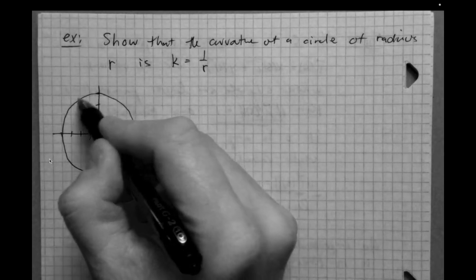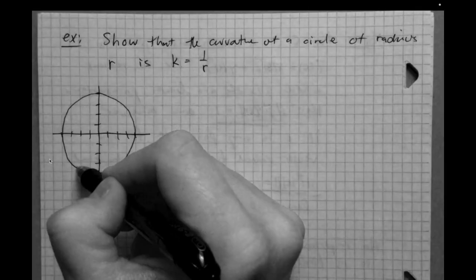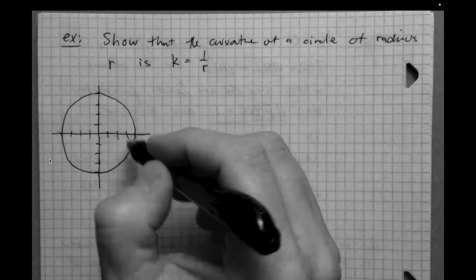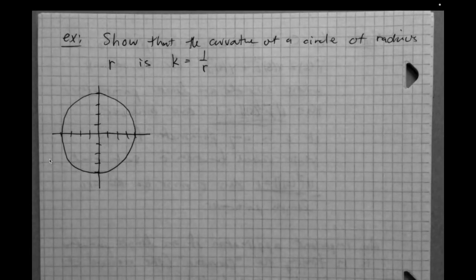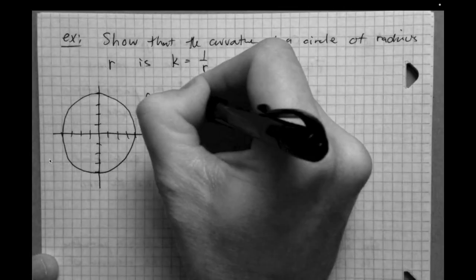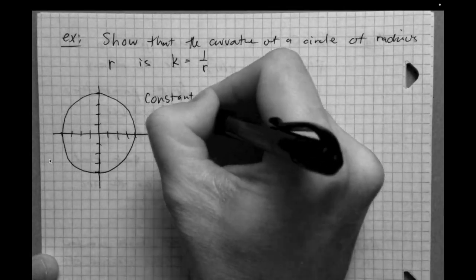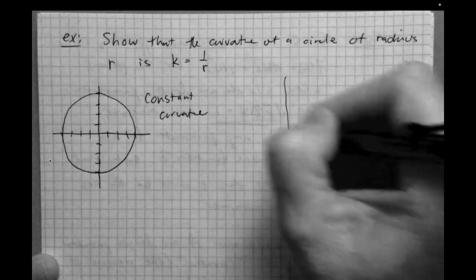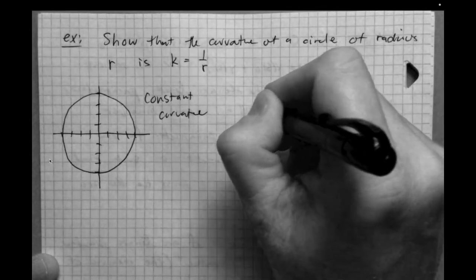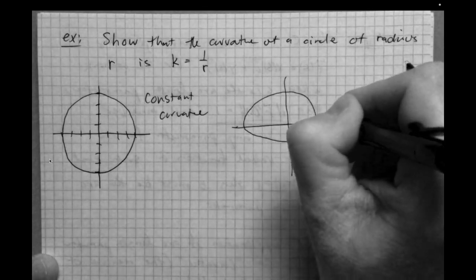No matter where you're at on the circle, the curvature is exactly the same. The steepness of the bend in this curve called a circle is constant. It never changes. Here you can see constant curvature. If the curvature did change, we would have something that looked more like this, for example.